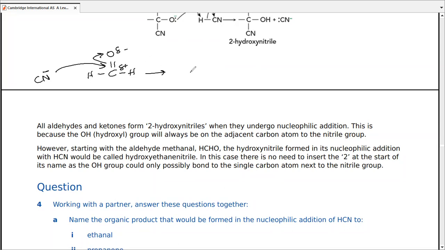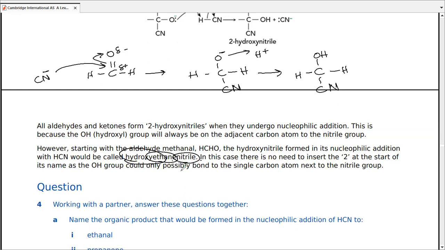This would be converted into HCO negative, CNH, right? So if we move on, this is going to attack the positively charged hydrogen of HCN, and this would definitely be converted into a structure like this, OH.